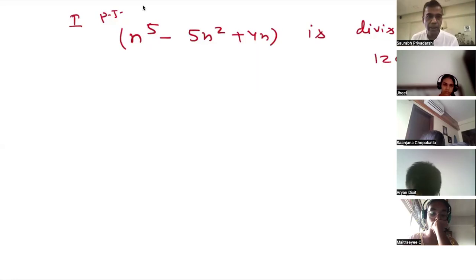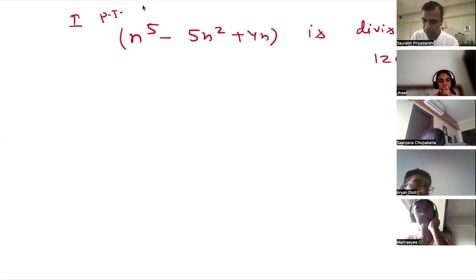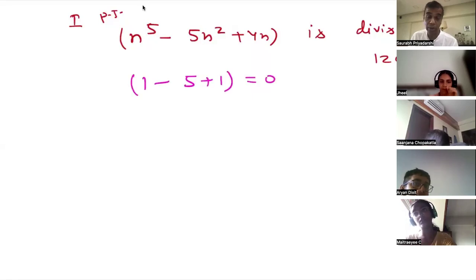Is this divisible by 120 or not? First thing, you can try with the numbers. If I write 1, then 1 minus 5 plus 4, so this will be 0.